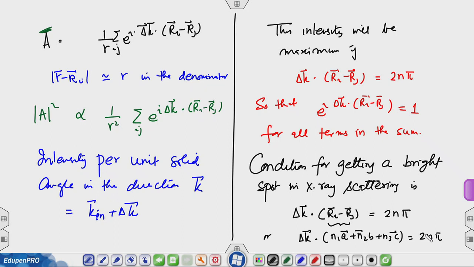We are assuming that it is the same wave front of X-rays that is getting scattered from all the places.